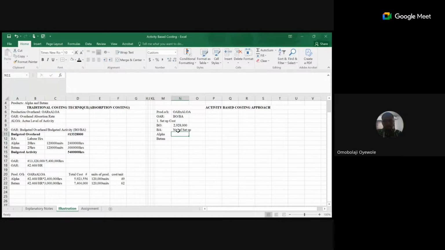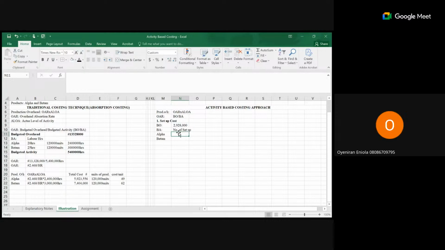Remember, we are dealing with setup cost, and our setup cost is based on the number of setups. We are told the number of setups is per batch. So for every batch, how many setups do we have for alpha? 10. And for every batch, how many setups for beta? 30.